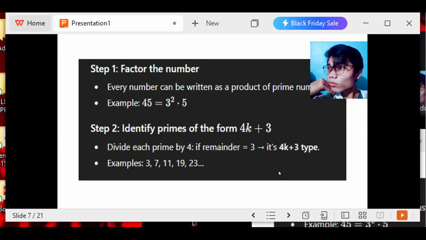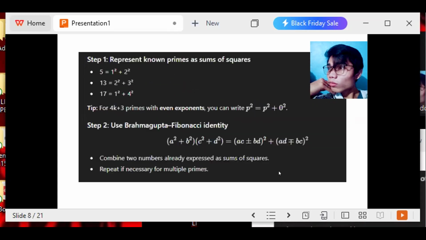So you can express it as p squared is equal to p squared plus 0 squared, where p is equal to 3. So 3 squared is equal to 3 squared plus 0 squared. So it is 9 plus 0 squared, 0. 9 plus 0 is equal to 9.